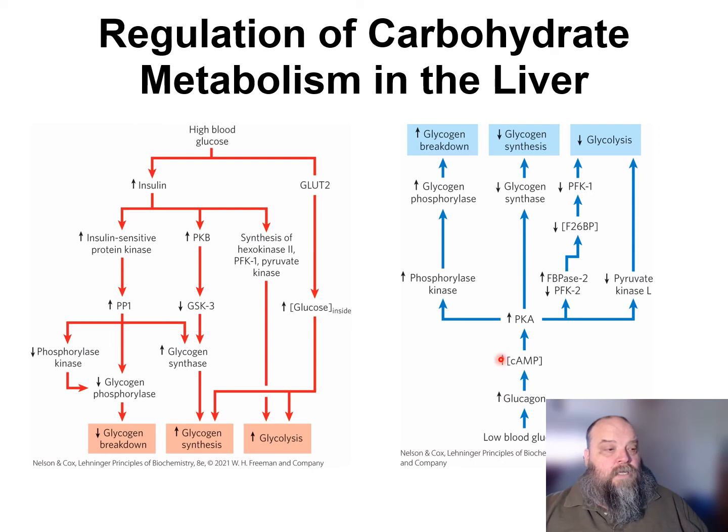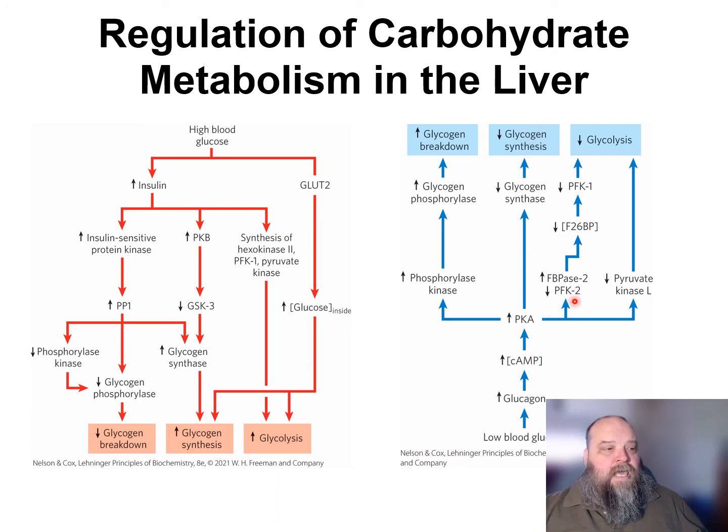Glucagon is released. Increased levels of cyclic AMP. Increased levels of active PKA. Phosphorylase kinase active. Glycogen phosphorylase. Breakdown of glycogen, releasing G1P. High levels of PKA means glycogen synthase levels are going to drop. Shift from A to B because GSK3 was going to be activated. Synthesis decreases.